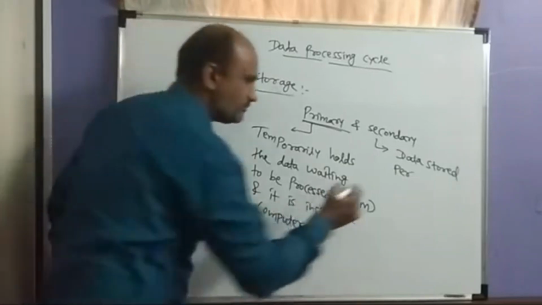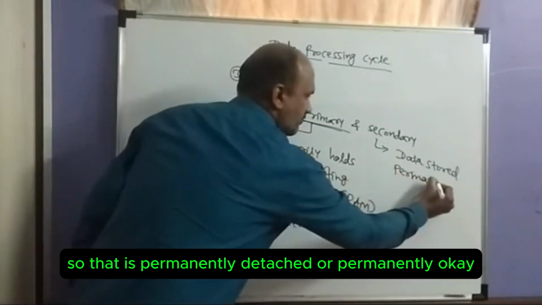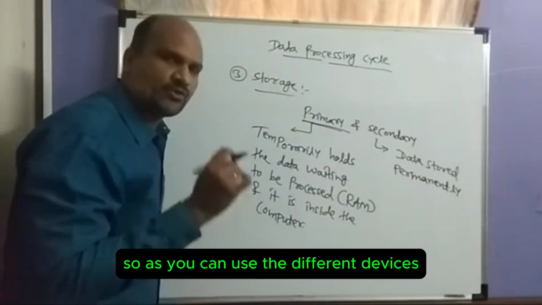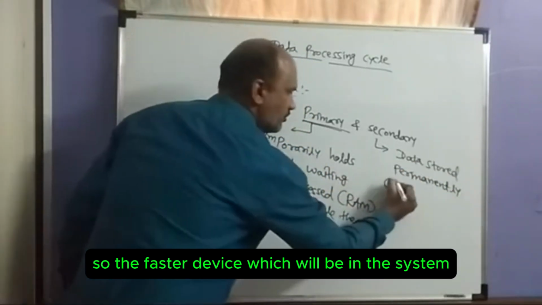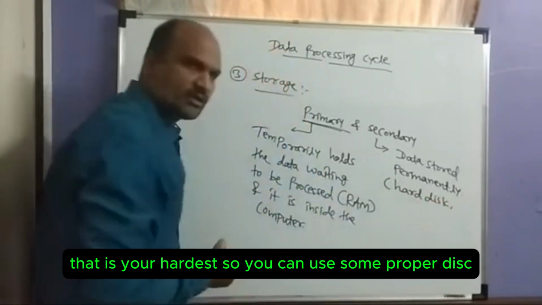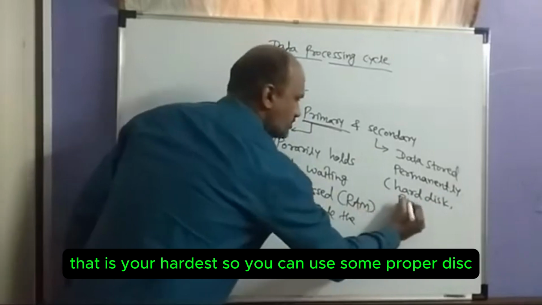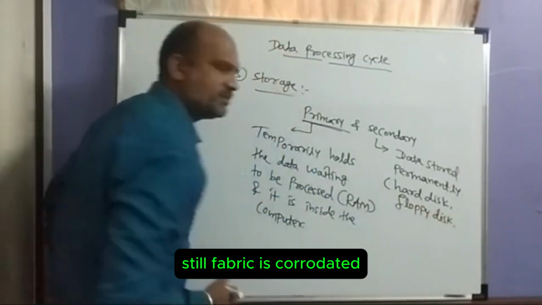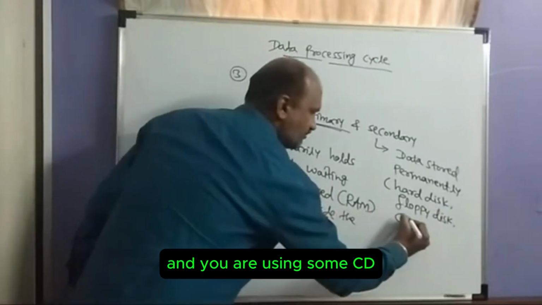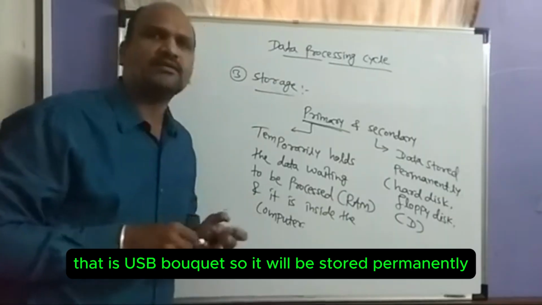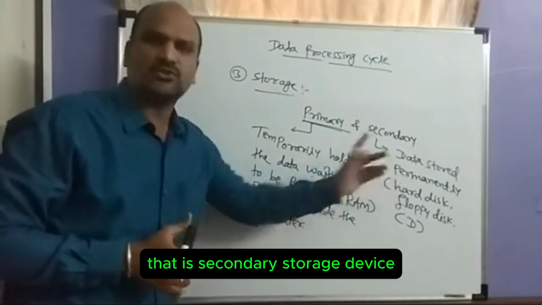So the first device in the system is your hard disk. You can also use a floppy disk, though floppy disks are outdated, or you can use a CD, or a pen drive, that is USB. These store data permanently; that is the secondary storage device.